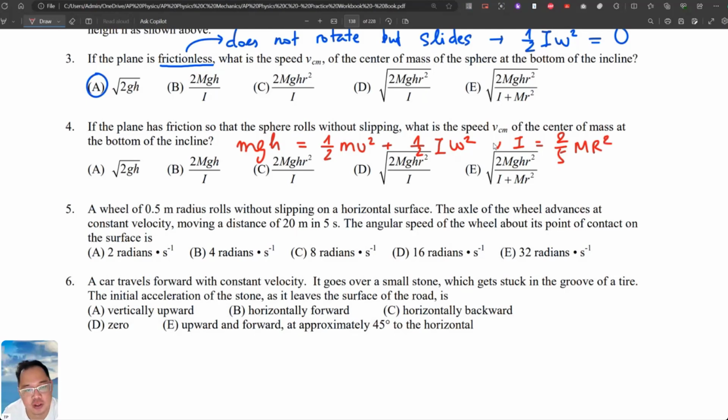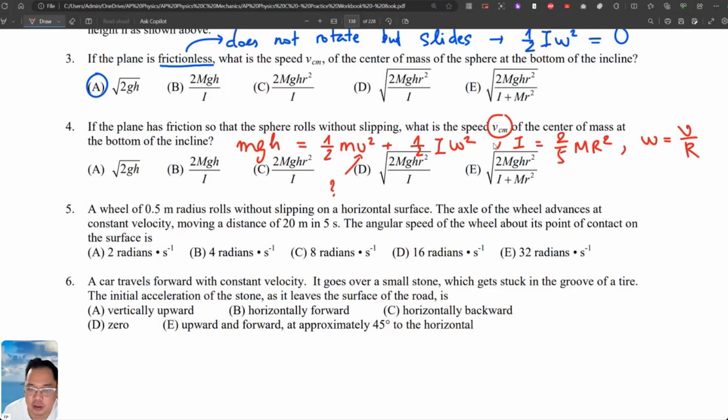Try solving this equation and find the speed v. Another relationship: omega is v/r. Now I would like you to do it yourself, simplifying this equation, replacing omega with v/r and I with 2/5 mr squared to find the speed v.